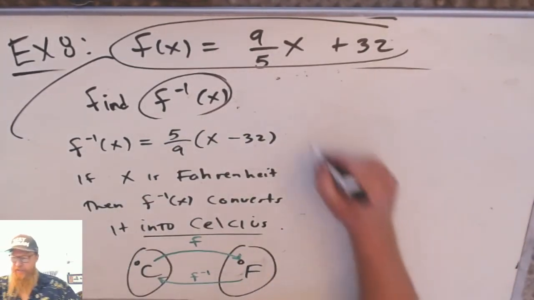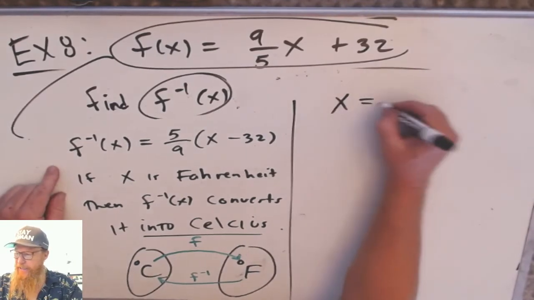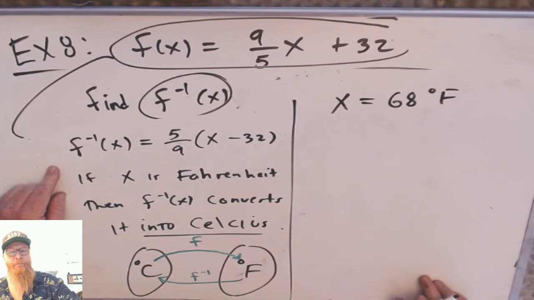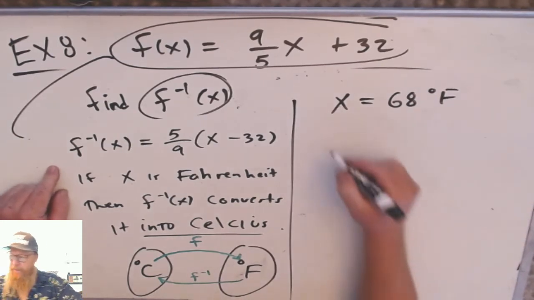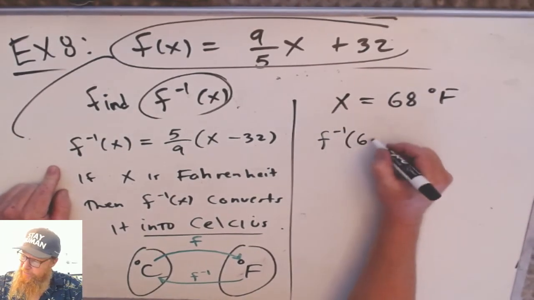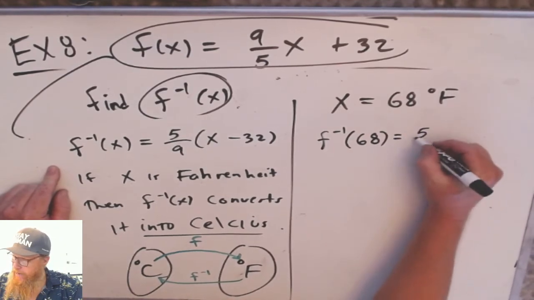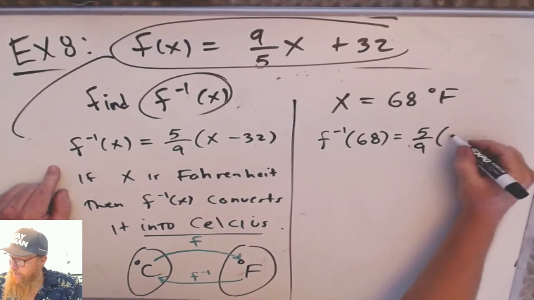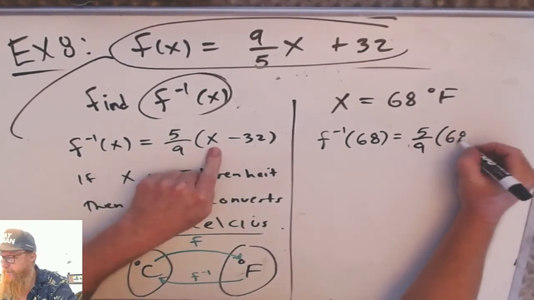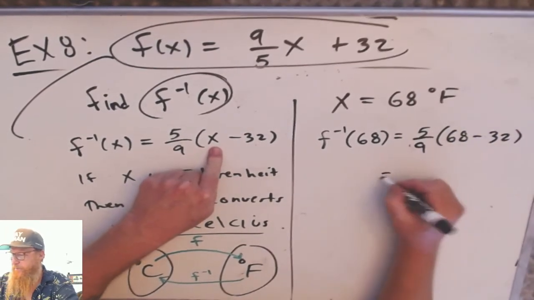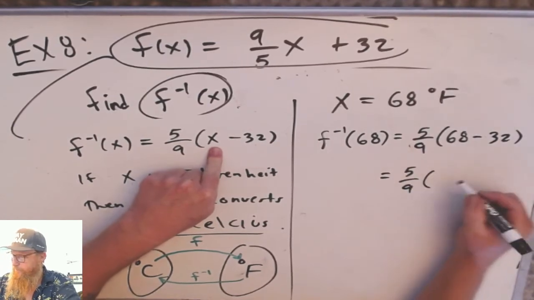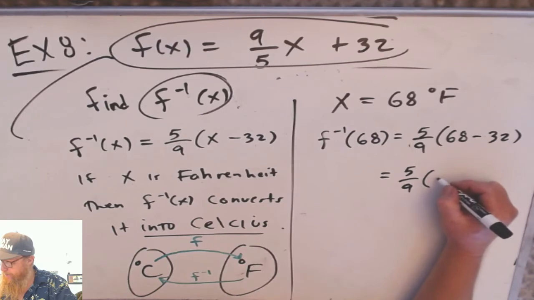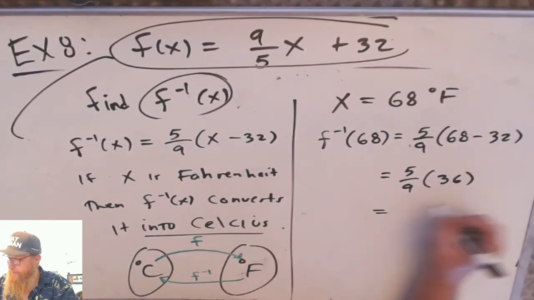So for example, if x is 68 degrees Fahrenheit, then f inverse of 68 would be 5/9 times (68 minus 32). 68 minus 32 is 36.